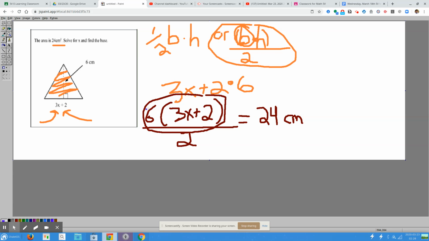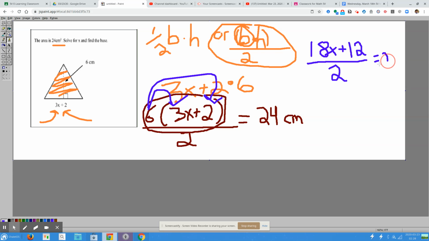So let's do some distribution. 6 times 3x, that's 18x, plus 6 times a positive 2, plus 12. Divide all of this by 2. All of that's equal to 24.